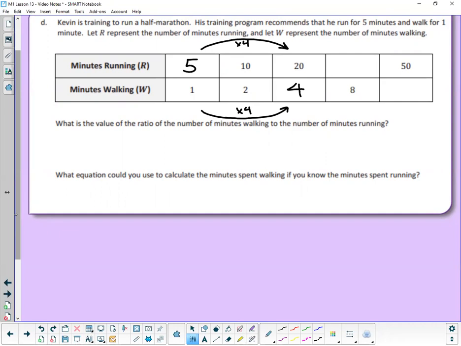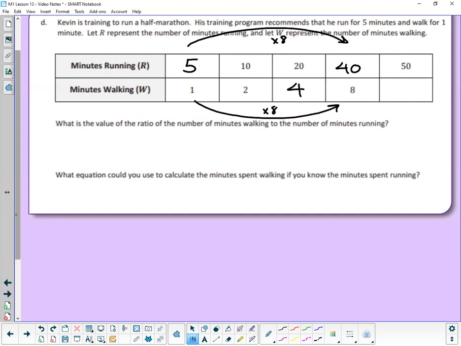Then look what happens. Okay, so I'm going to get rid of this. Now, he says, all right, he spends 8 minutes walking. Well, that means I multiply this by 8. So I'm going to multiply that by 8. And there's 40.